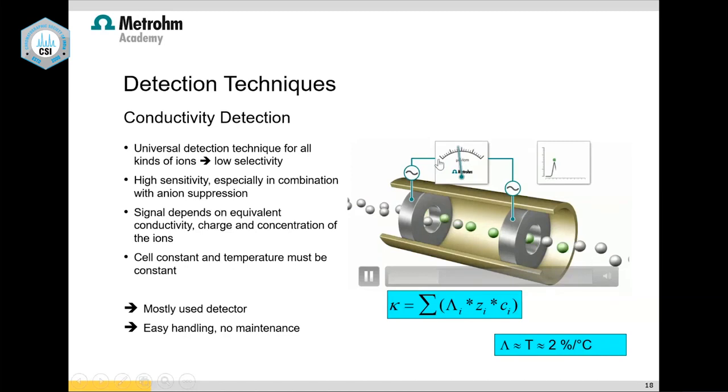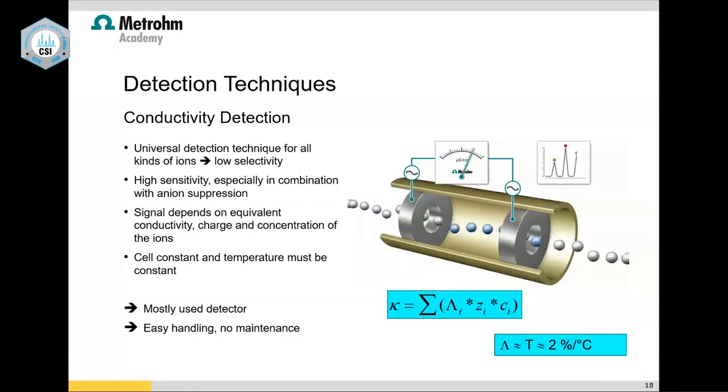Microsiemens per centimeter is the unit of conductivity with which we express the ionic conductivity. As I said, we are measuring the resistance. We do not measure the conductance. That is important. It is the algorithm which converts everything.